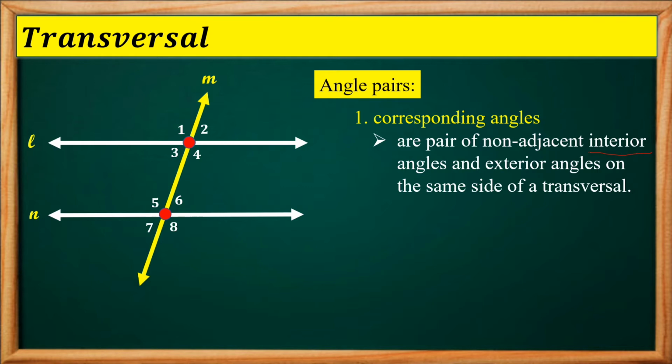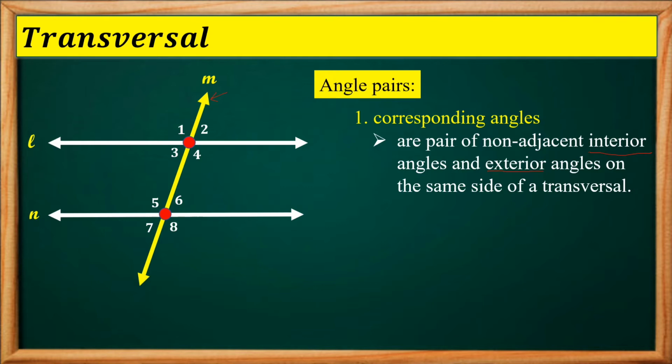Remember, this would be our transversal line. Then the angles on the same side are angle 1, angle 3, angle 5, and angle 7. Meron din sa kabila. Nasa right side ng transversal line natin, angle 2, angle 4, angle 6, and angle 8.